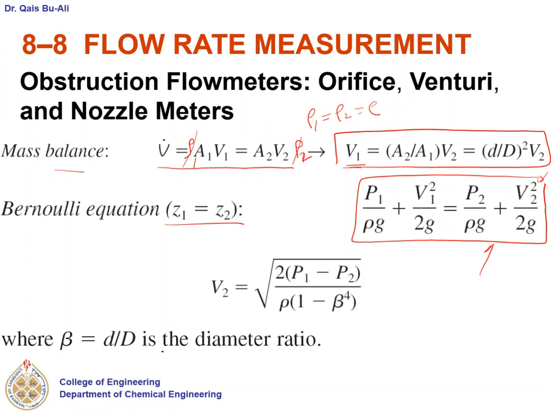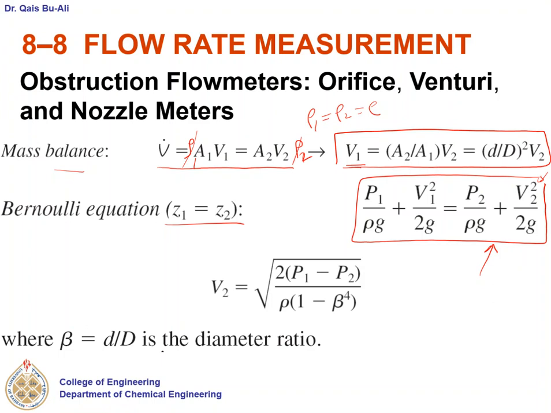So you cannot just use the Bernoulli equation because you have one equation and two unknowns, given that the pressure difference is given and the density is given. So you cannot solve the problem with the Bernoulli equation by itself. Because you have V1 unknown, V2 unknown, and you have one equation.